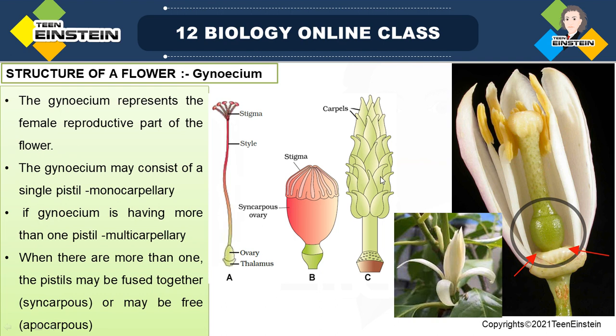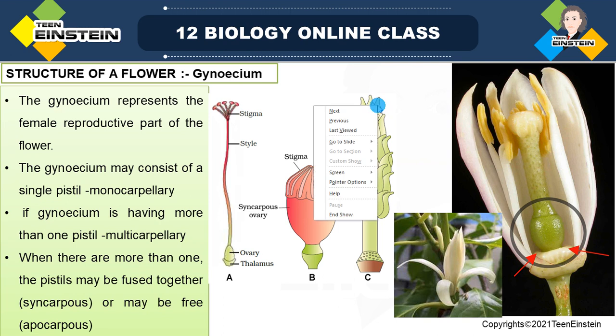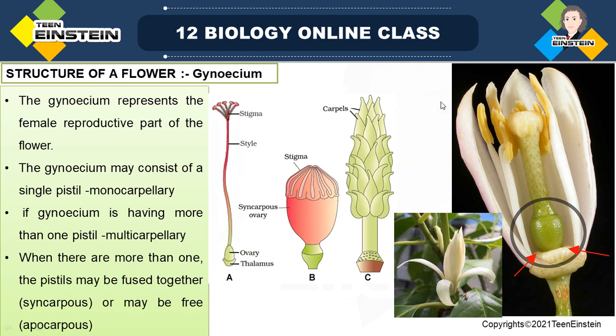It may have one or many carpels. So together it is called as gynoecium, the female reproductive part. When it has only one carpel, it is called as monocarpellary, and more than one is called as multicarpellary. Here you can see monocarpellary as well as multicarpellary.